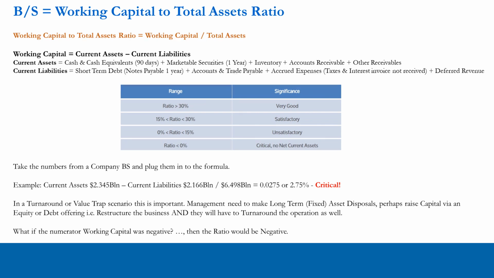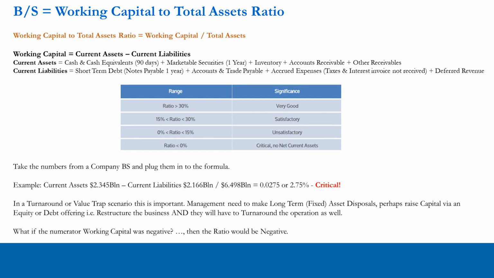So we have a useful guide here from an accounting perspective that would constitute a good, satisfactory, unsatisfactory, or critical working capital to total assets ratio. For example, if we had a company that had current assets of 2.345 billion and current liabilities of 2.166 billion, we would minus off the liabilities from the assets, and then divide by total assets.